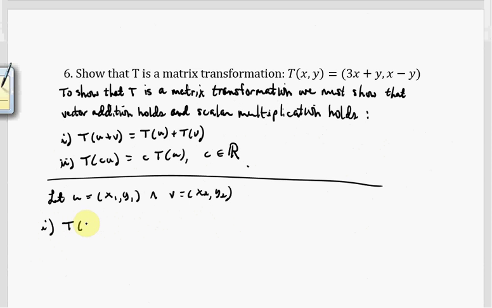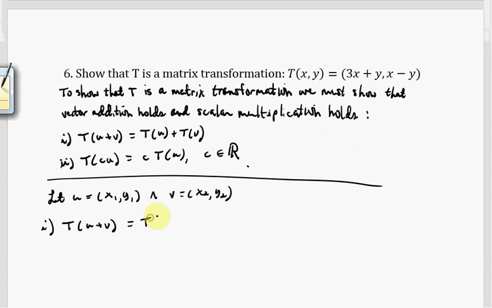So we look at T of U plus V. According to this, it is going to be whatever the first term is times 3 plus the second term. I better simplify that.